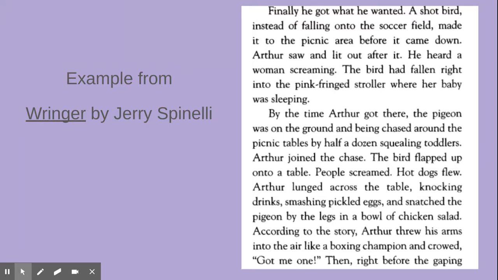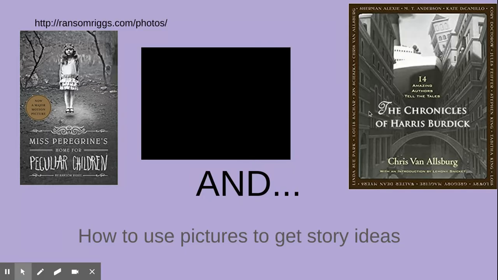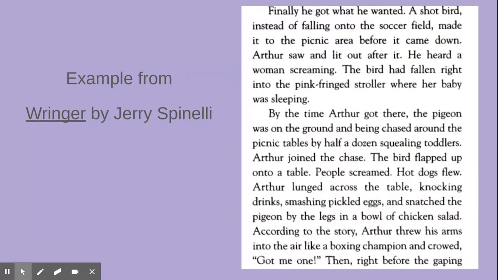And in this scene, a pigeon's been shot and it falls into the picnic area where people are celebrating, and the bird falls right into a pink fringe stroller. And so here's where all that action occurs, and really good word choice. Short and long sentences and figurative language. So all that in one paragraph.